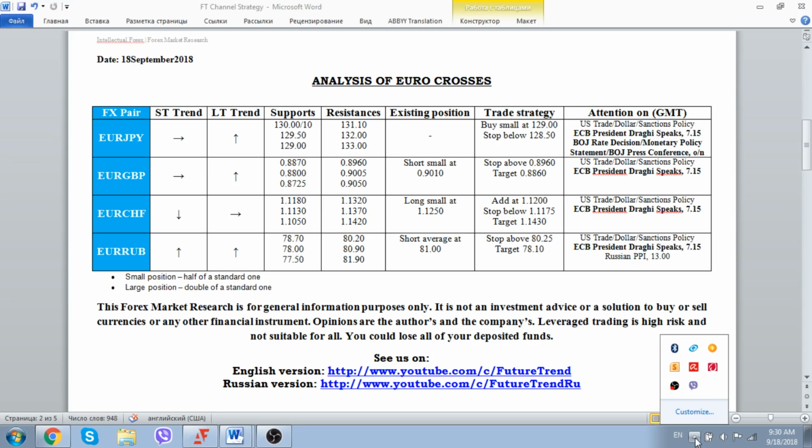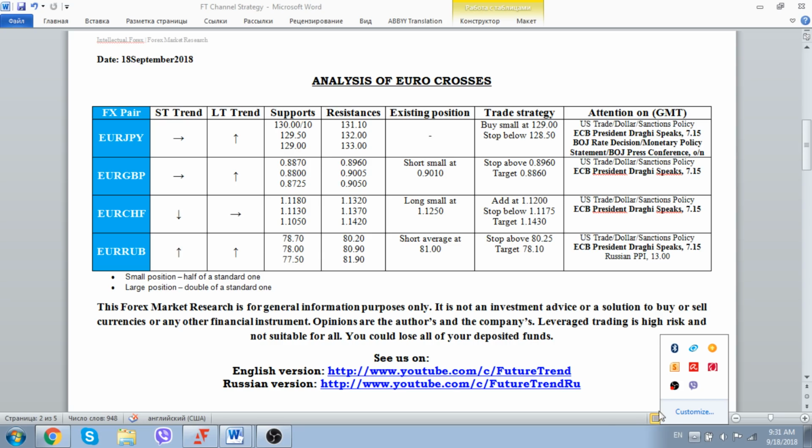Today is 18 of September 2018, and we start our everyday analysis of different currency pairs, how to trade these types of currencies in the world financial markets. This is our primary goal, to advise you as much as useful for your trading, for your profitable trading, first of all.